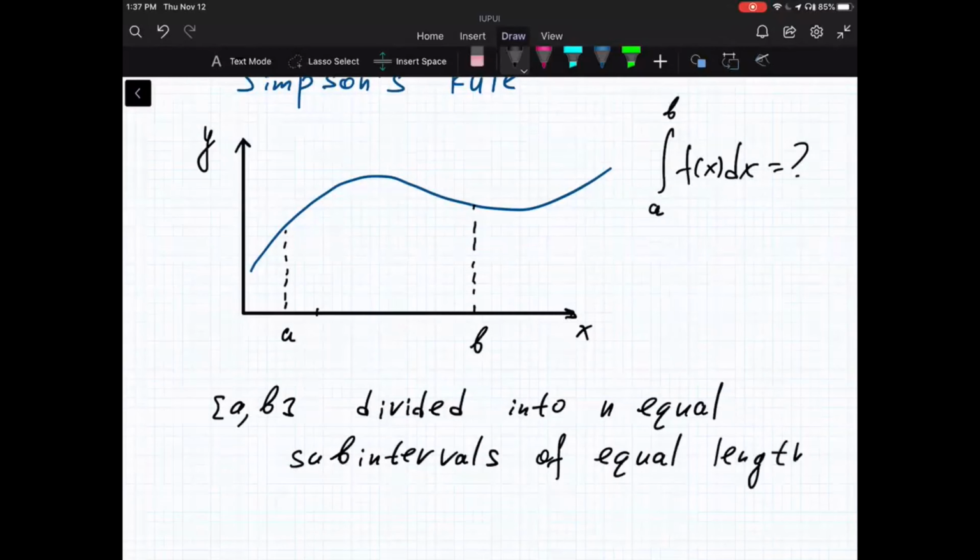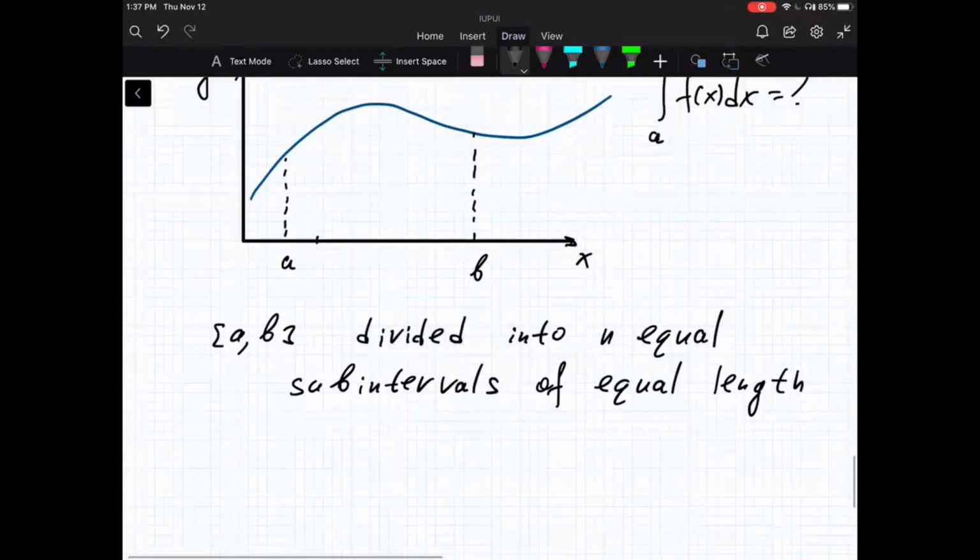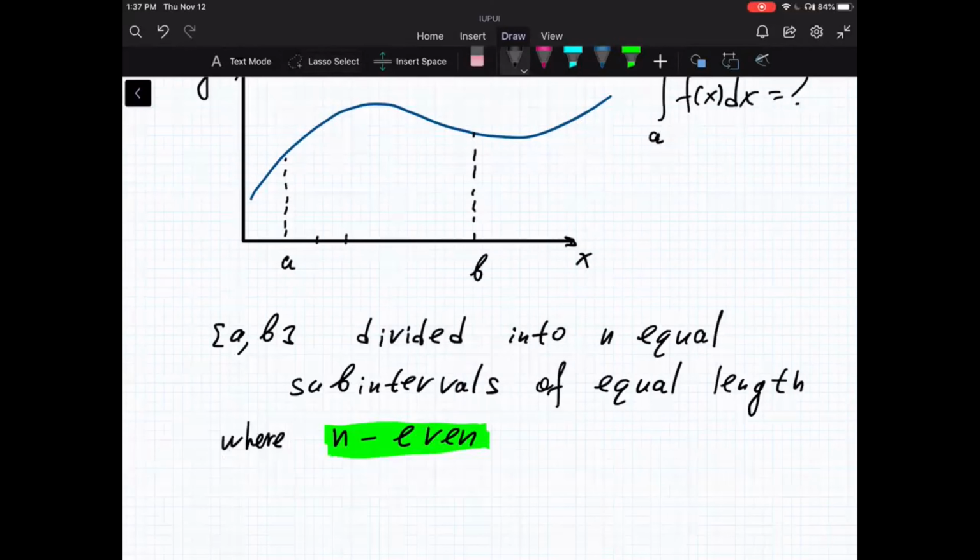So far nothing new, but here we have one restriction: n should be even, and this is important. So you divide it, something like that, and then consider 3 points. a will be your x0, then you have x1 and x2 and so on.